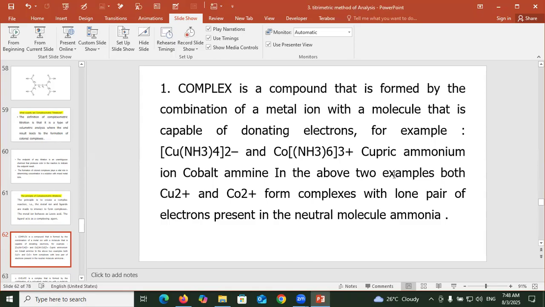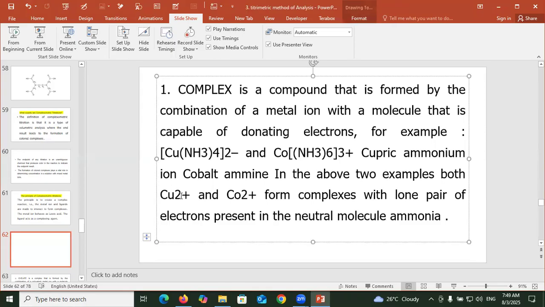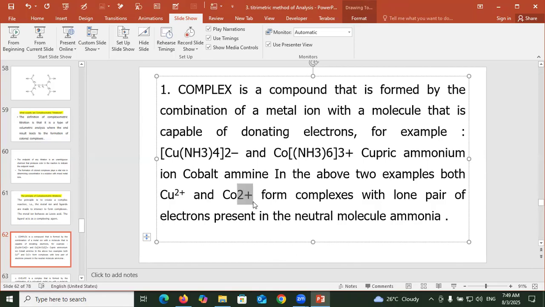In the above two examples, both copper and cobalt form complexes with the lone pair of electrons present in the neutral molecule ammonia.